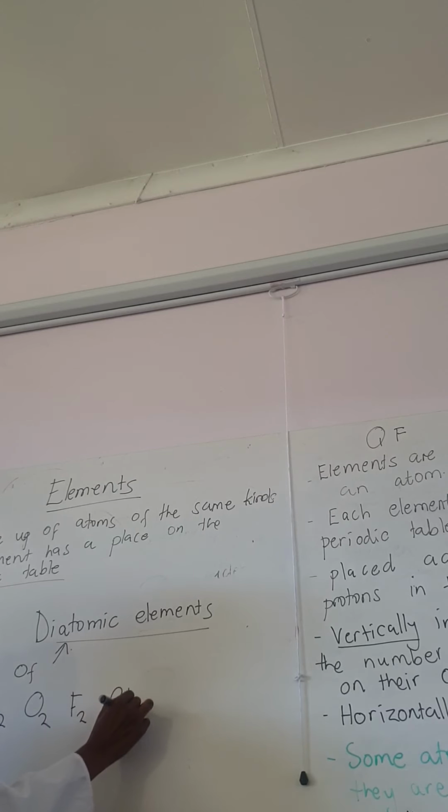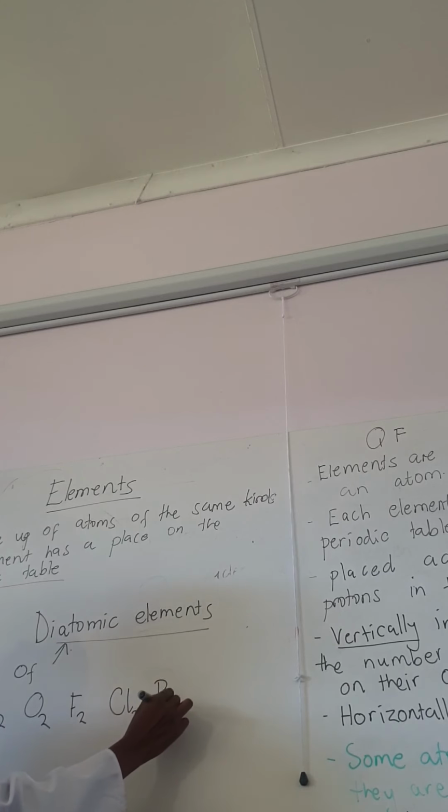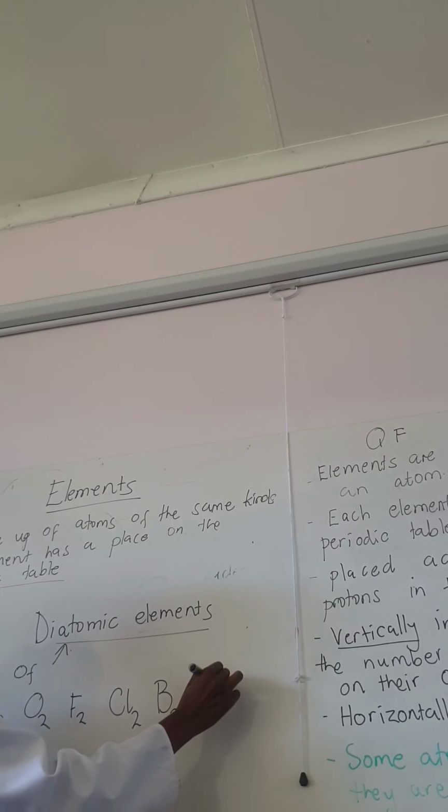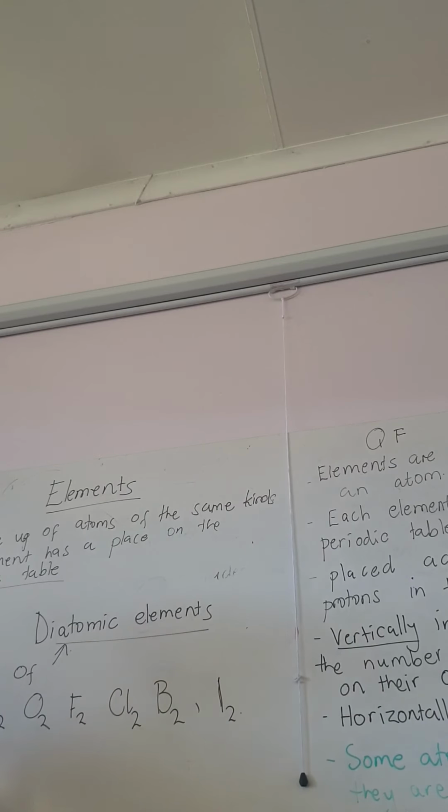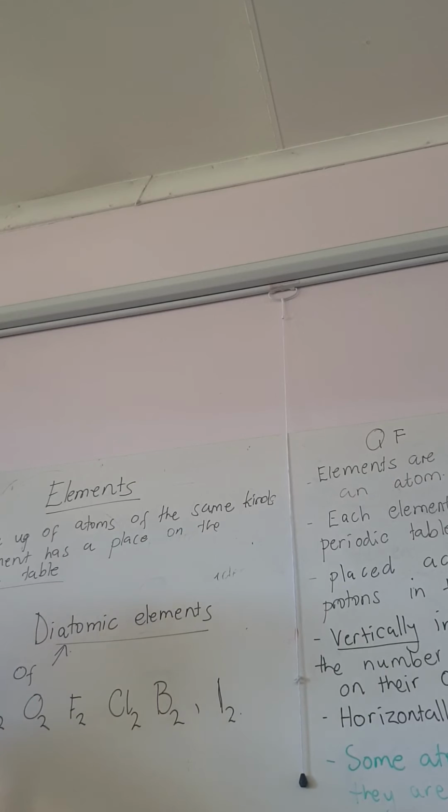We have chlorine as well. And lastly we have iodine. So these are the 7 diatomic elements that you find on the periodic table.